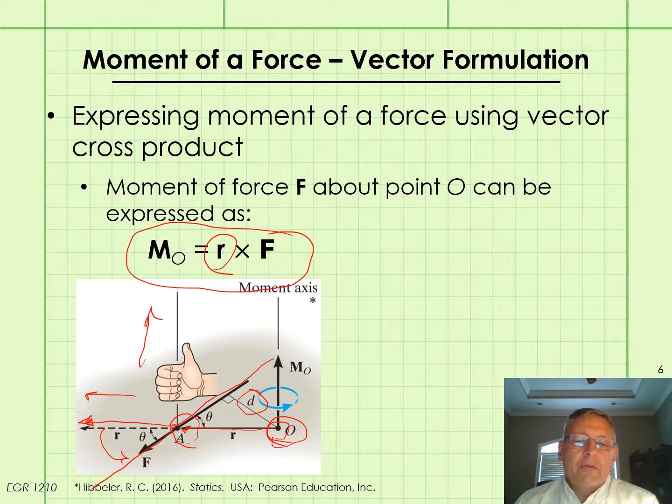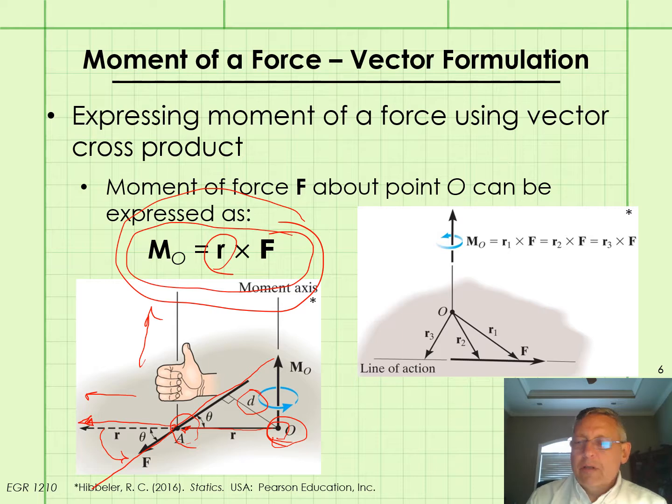But in the more general case, where it's a 3D problem, D can be very difficult to calculate. So in most of our 3D problems, we're going to use this vector equation to find moments.